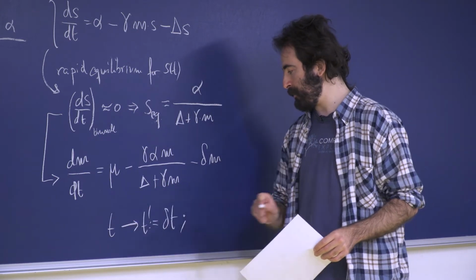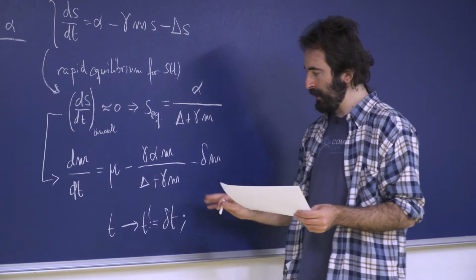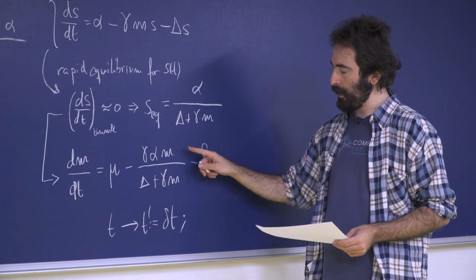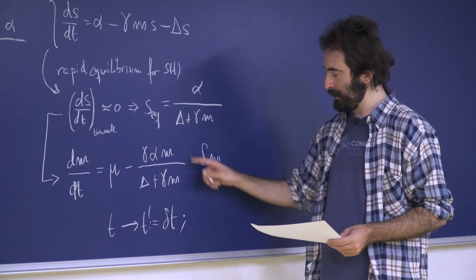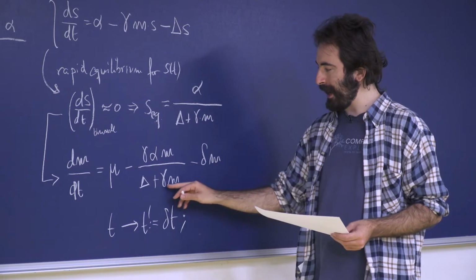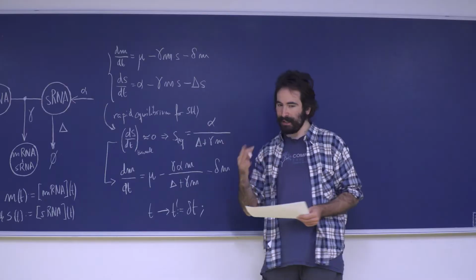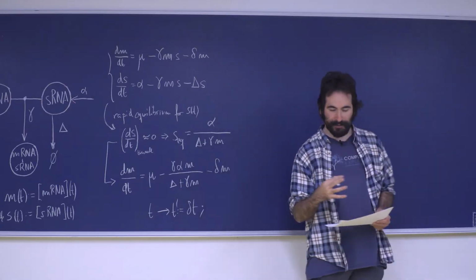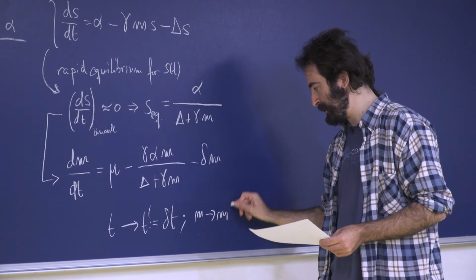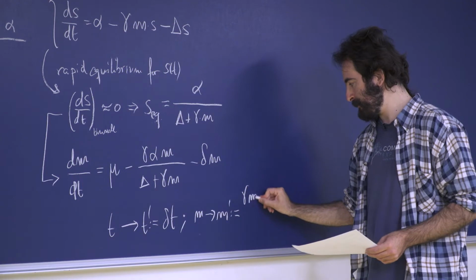On the other hand, and I'm writing it here already, this might not be so straightforward, but if you think about it a little bit, notice that if I divide both the numerator and the denominator by big delta, I see that I'll have 1 plus gamma M divided by delta, and that actually is going to be suggestive, and it's going to suggest to me to perform this scaling transformation: gamma M divided by delta.